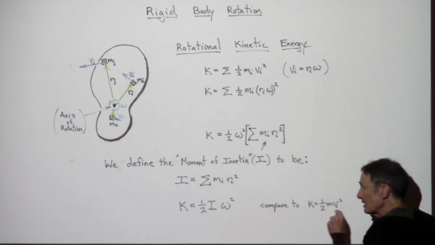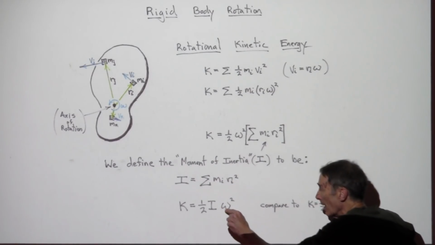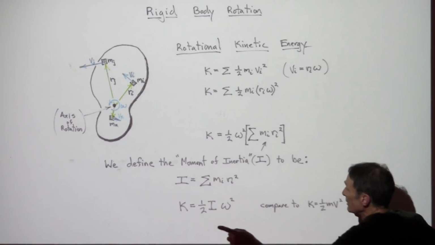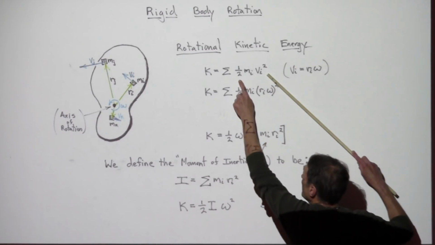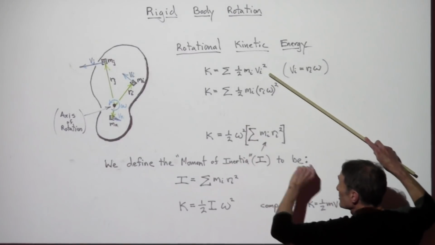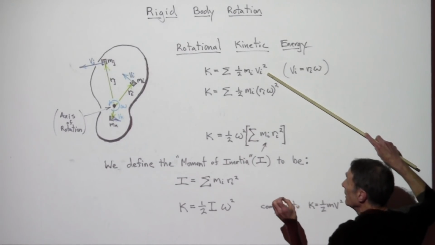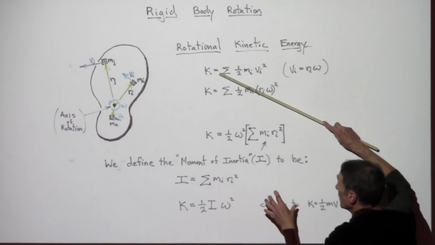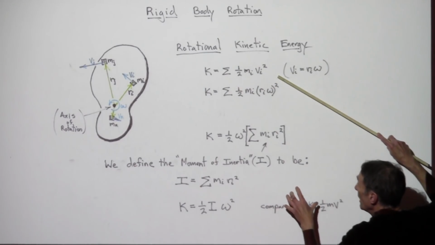Instead of the velocity squared, we use omega squared. It's important to realize that this was really derived from 1/2 mv squared. So there's really nothing new physically. We're just doing the math a little bit differently.